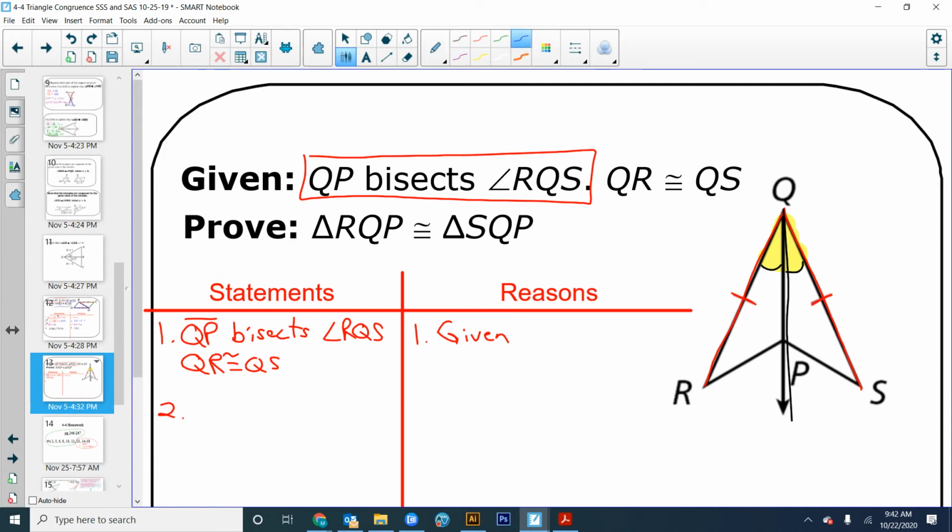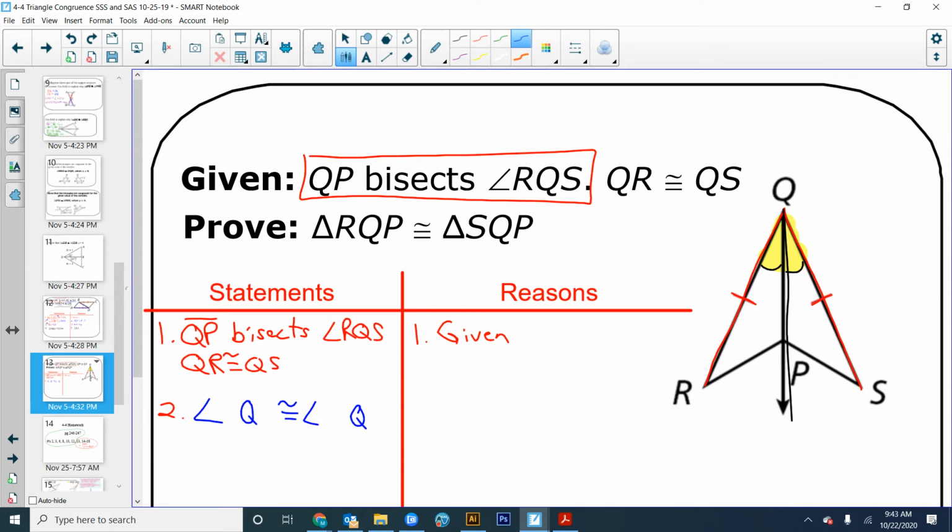Are you with me? Yes. Let's name the congruent angles. Angle, blah, blah, blah, is congruent to angle, blah, blah, blah. What has to be the center letter in both angles? Q. Q is the center letter. Why? It's the vertex.